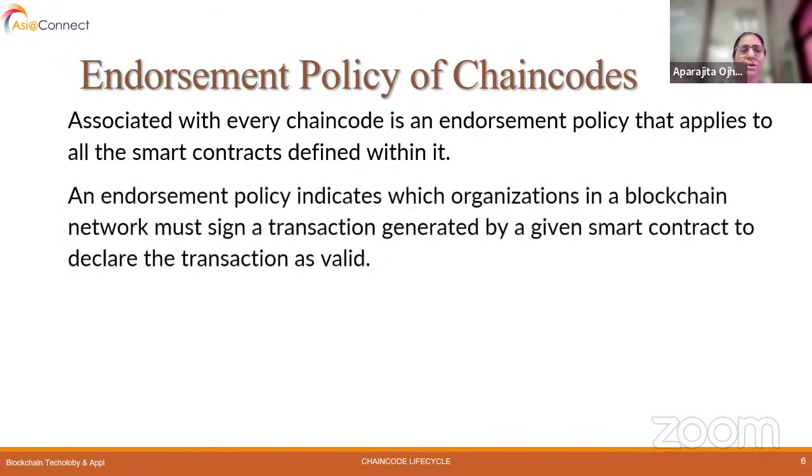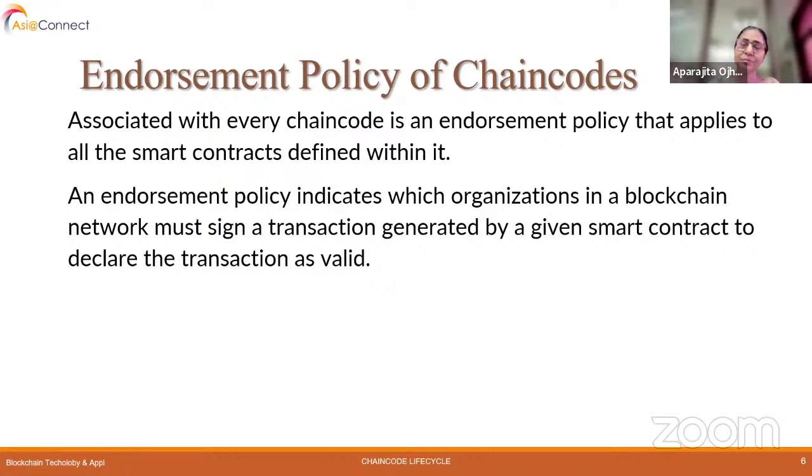An endorsement policy indicates which organization in the blockchain network must sign a transaction. If you remember, I told you that there are some endorsing peers. Those endorsing peers of different organizations will be signing on the transaction proposal, provided they have a role.